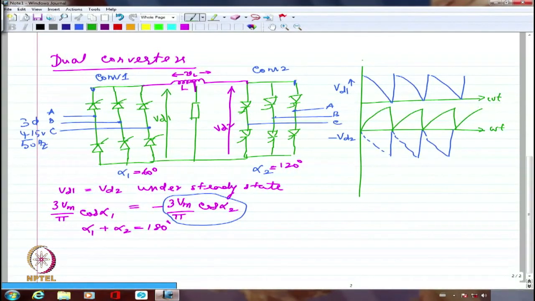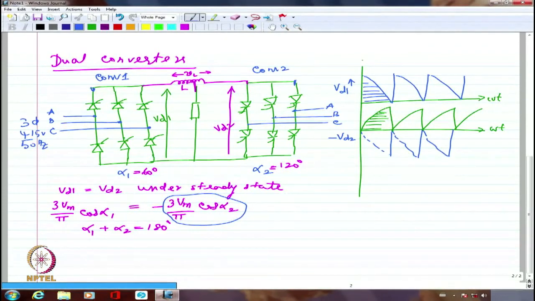Right? On an average basis, both these voltages will have the same value. If I look at the area under this curve vis-a-vis the area under this curve, they should essentially have the same area, because it's again the 60-degree span, and it is starting from probably the 120-degree point in one case and coming down to the 180-degree point.